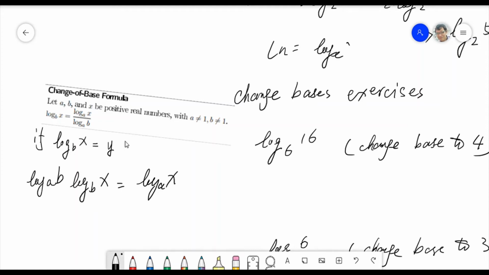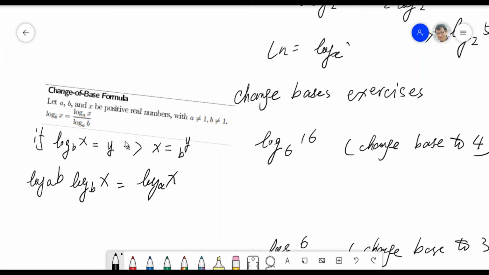All right. So y equals log base b of x is the same as x equals b to the y power.